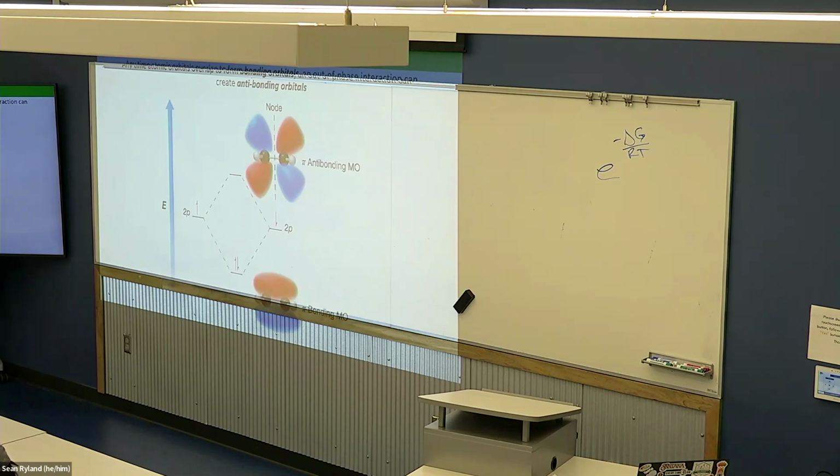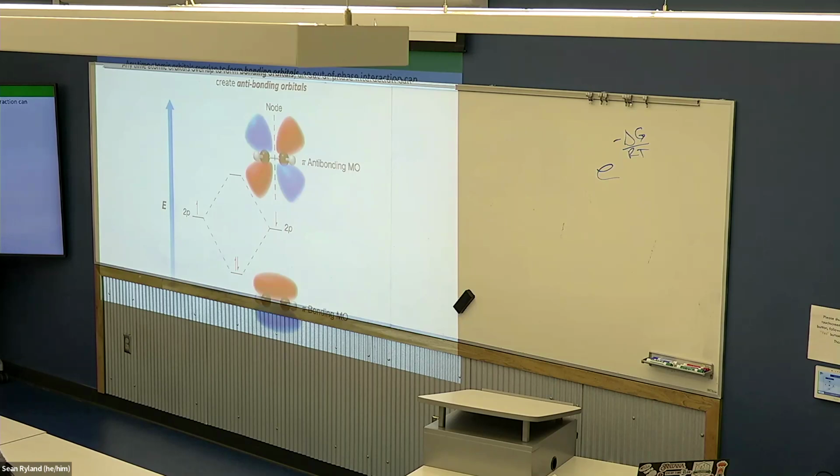But remember, the way these orbitals work, the way we get bonding happening in general, is we have to take 2 orbitals of a similar shape and phase and get them close to each other so they overlap a little bit, and then we can combine their functions, basically a weighted average, mixing them together to get a new orbital that's going to be lower in energy than either of them separately.